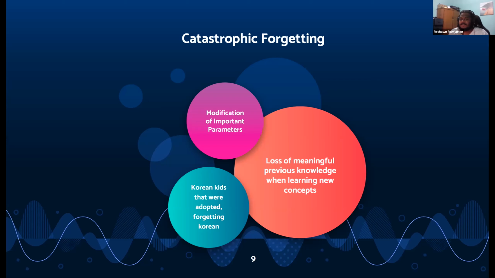So just to better exemplify what this problem is, it was observed in a study on the word recognition ability of Korean-born adults who are originally from Korea because they were born there, but were adopted by French families between the ages of 3 and 8. And well, they had no residual knowledge of the Korean vocabulary.